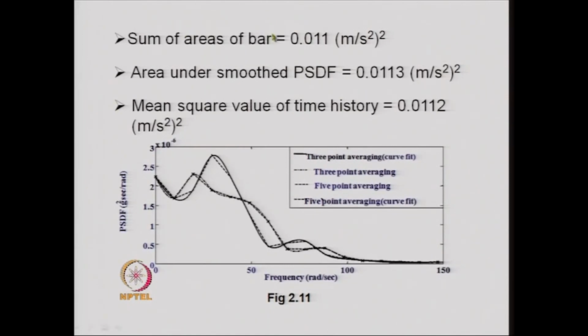The sum of the areas of those bars that we discussed was found to be 0.011. The area under the smooth PSDF curve was obtained as 0.0113, and the mean square value of the time history, that is by just squaring all the 32 ordinates and dividing by 32, gave a value of 0.0112.